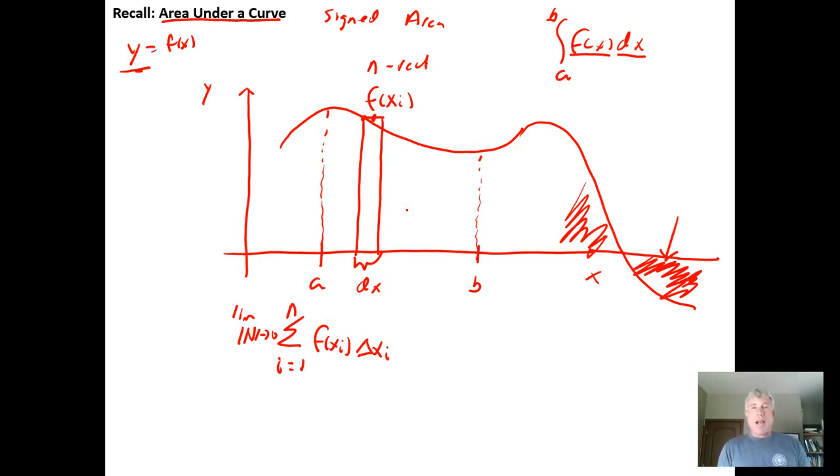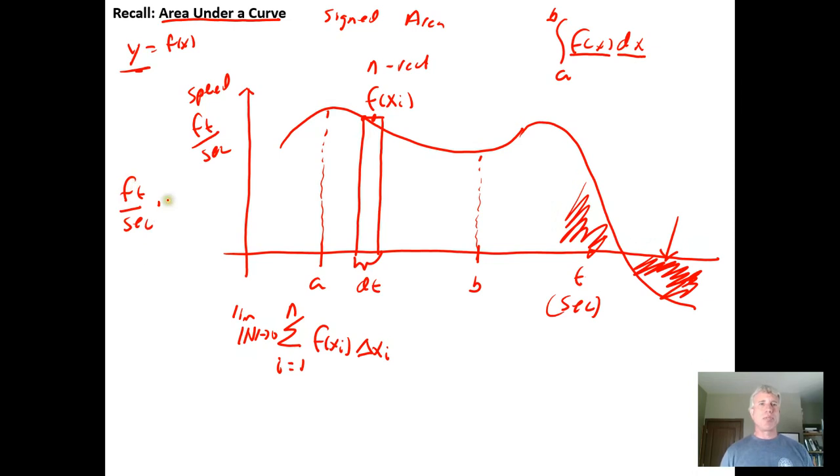So we identified that the area under the curve could be found by integrating, and then we also identified that if the x and y axes have physical significance, so for example, if this axis is speed, let's say it's feet per second, and then over here we have a time axis in seconds, then when we multiply height, which is measured in feet per second, times width, but the width wouldn't be a dx, it would be a dt.